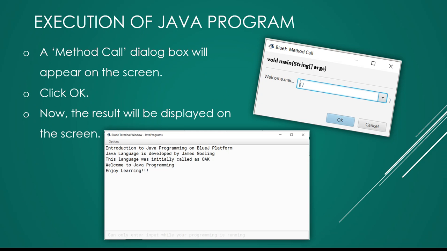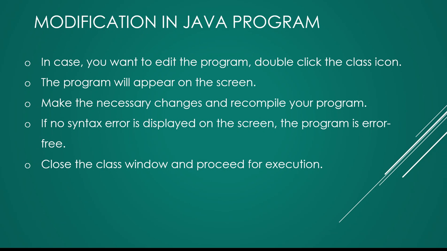This is how you create your first program and execute it. Suppose you want to make some modifications: double click on the class icon again, and you will see the program screen which you already created. Do the necessary changes and then recompile.